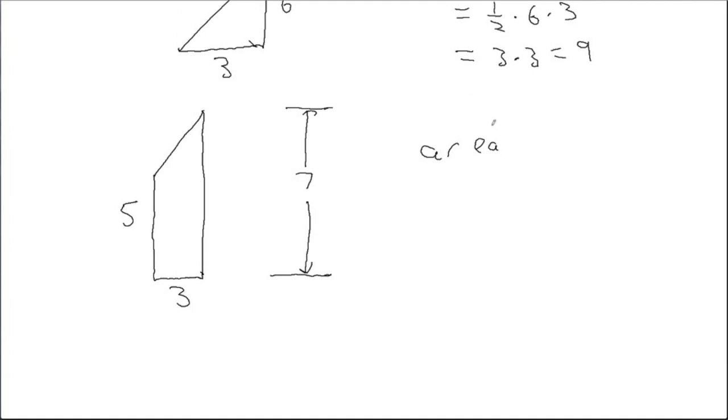So we can split that shape up into a triangle and a rectangle. And then the height of the triangle will be 2. And the base is still 3, so 1/2 times 3 times 7.